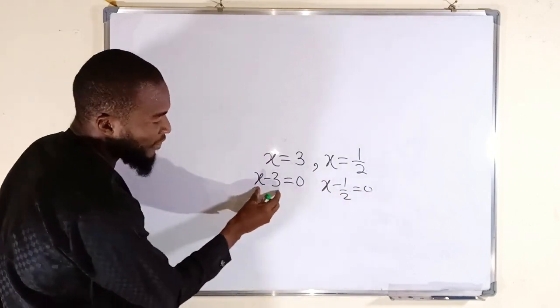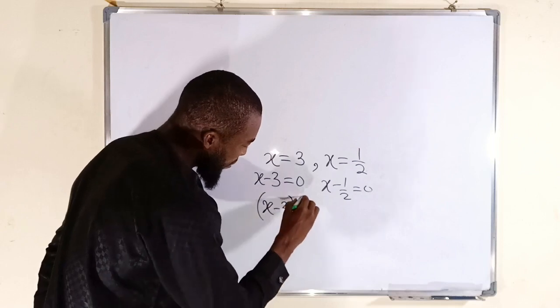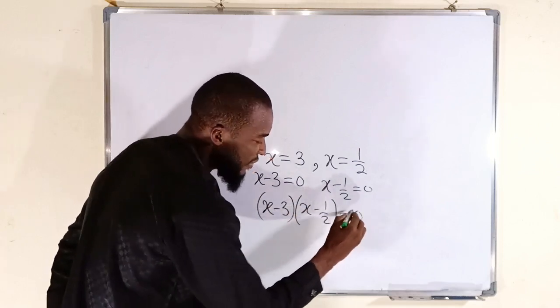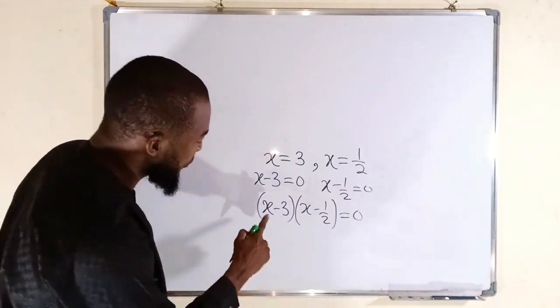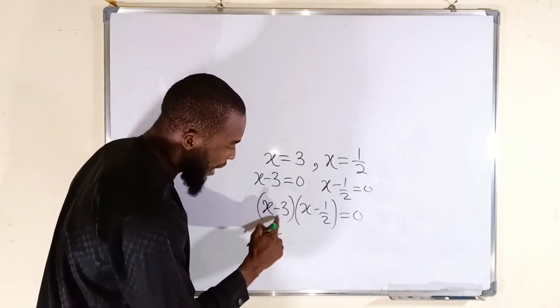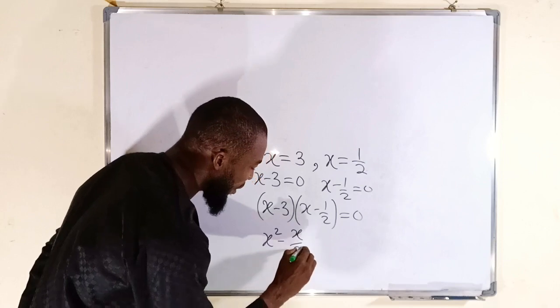So you need to multiply these two together, right? You have x minus 3 multiplied by x minus 1/2. This is equal to 0. You distribute. x times x will give us x squared. x times -1/2 is the same thing as -x divided by 2.